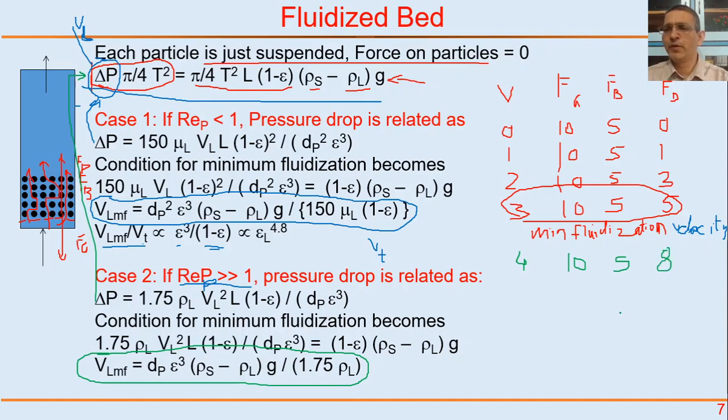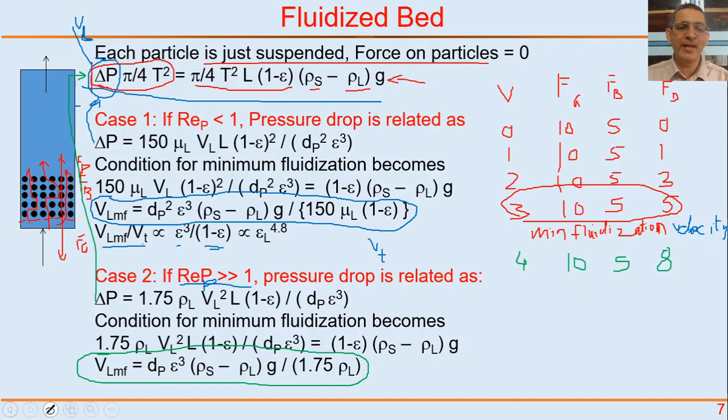Just some value, don't worry whether it is 4 or 8, 5 or 6 or 7 or 8. It is more than 5, that's what is important. Net force 10 minus 5 minus 8 means minus 3. Minus 3 means upward direction. There is a net force which is upward. Particles will move away from each other.